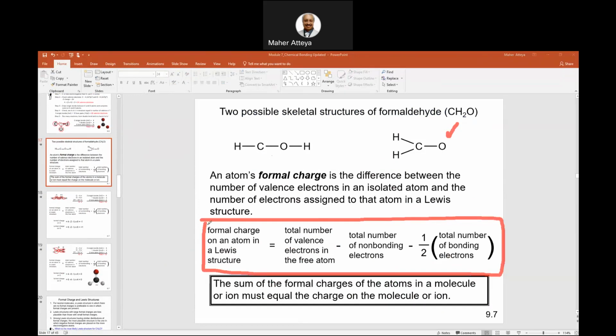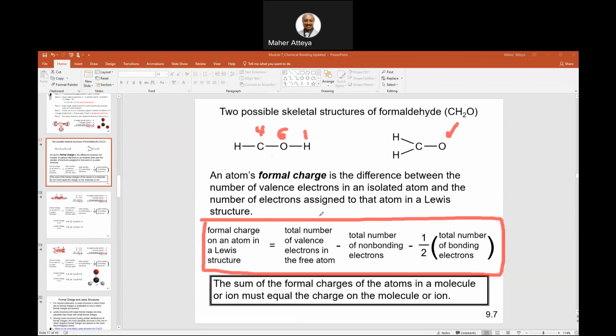The formal charge of an atom in a Lewis dot structure, for example the carbon, is the total number of valence electrons of this atom. Carbon has 4 valence electrons, oxygen has 6 valence electrons, and hydrogen has 1.